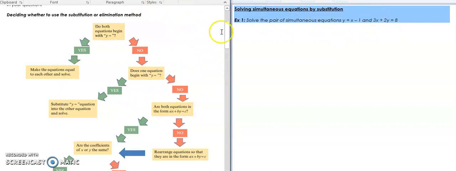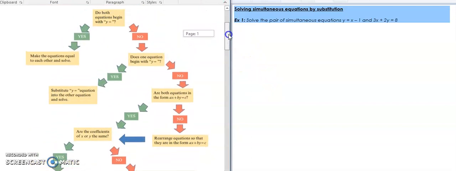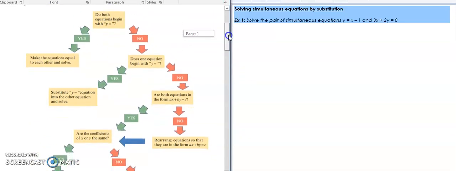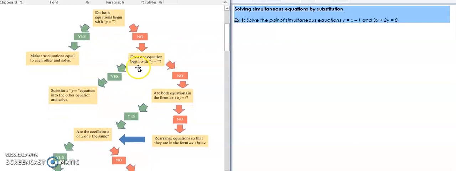A lot of the rules in these peach colored boxes do seem a bit arbitrary or random if you don't understand what you need to do with them. So at any point, if you find a handy fact that you think is associated with one of these, you're more than welcome to write on top of this, okay?